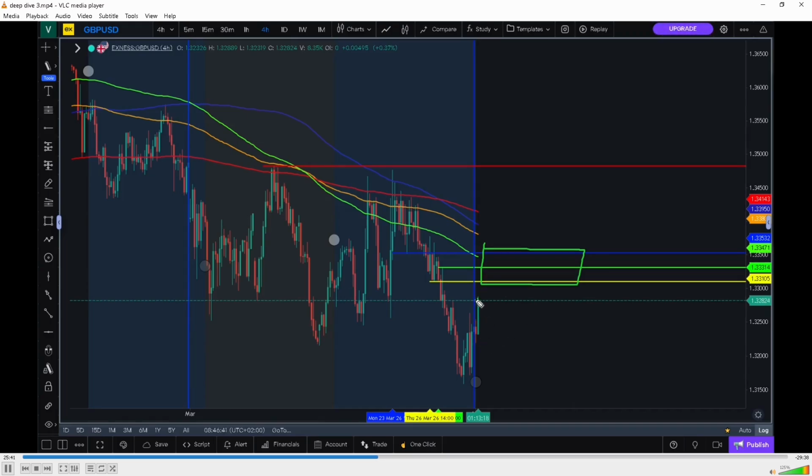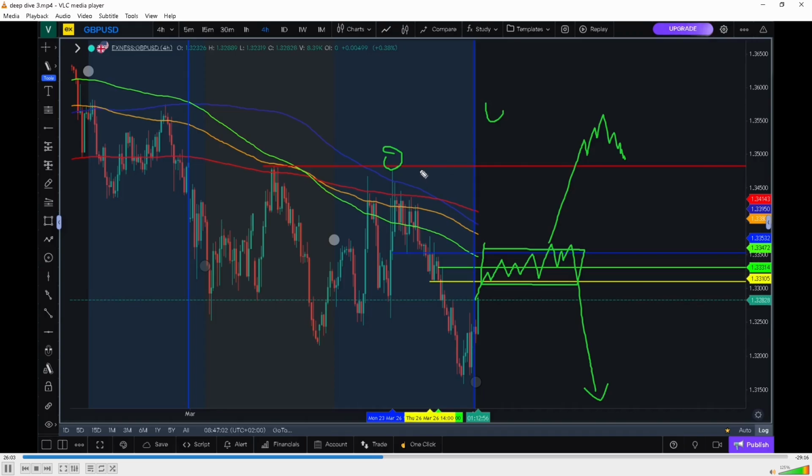Now, what does this mean? This means that either this level is going to give us this wave to the downside, and if we do want to see this buying, we have to see the dollar losing so much of its gains that it would definitely change structure in the pound.